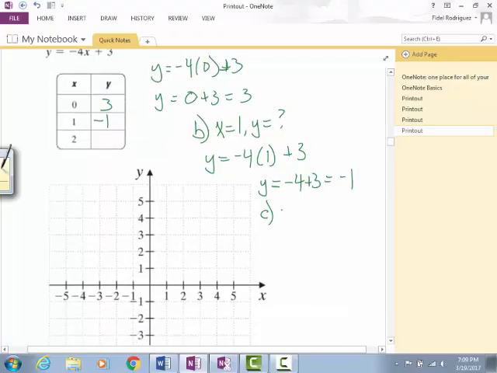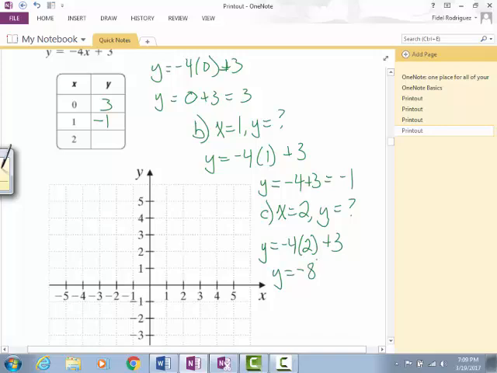Part C says that x is equal to 2, and I want to find the value of y. So y equals -4 times 2 plus 3. -4 times 2 is -8 plus 3, and -8 plus 3 is simply -5.